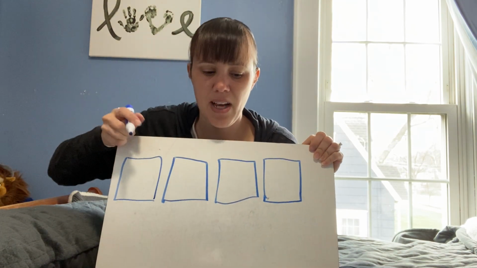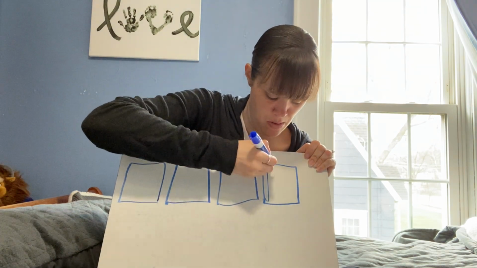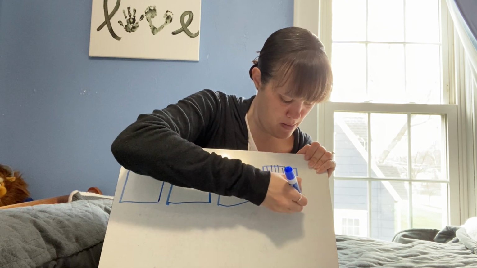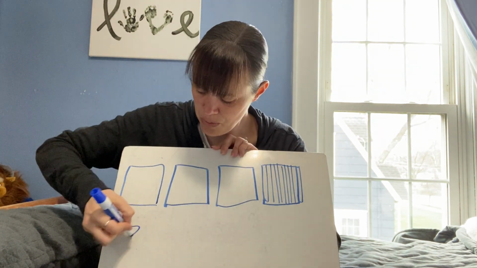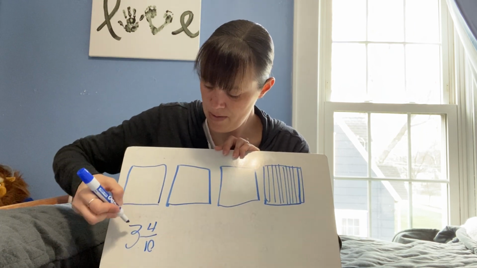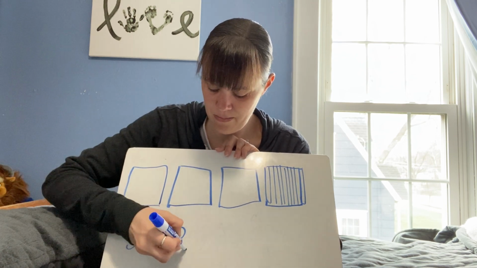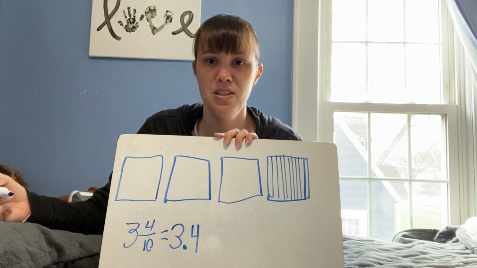Because I have to color in how many wholes? 3 wholes, and then 4/10 of this one. 2, 3, 4, 5, 6, 7, 8, 9. Okay, so 3 and 4/10, right? 3 ones and 4/10. But you already knew that.